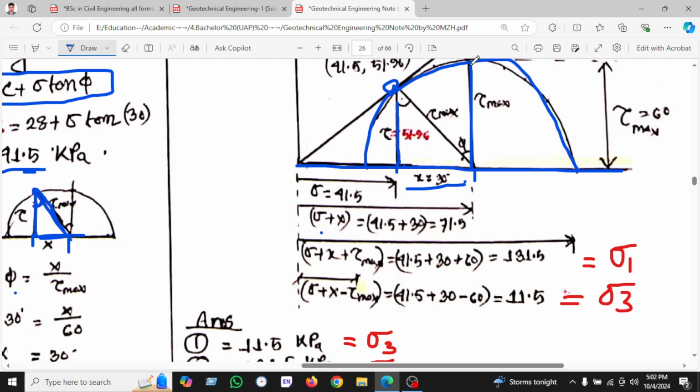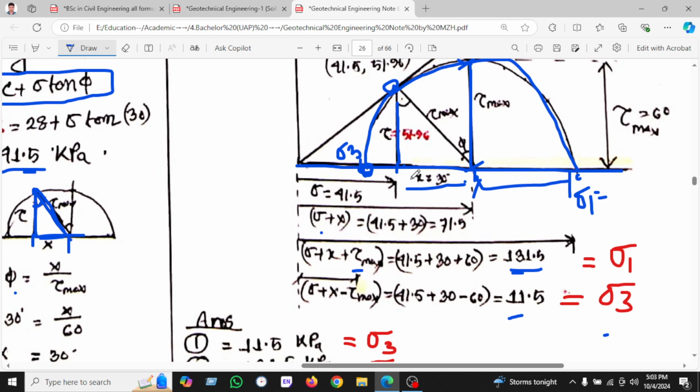This distance, the distance to τ, and this distance will be the same. That's why we have used this and found 113. So this point will be σ1, which is 113, and if we deduct the value of τ, then we will find σ3, 13. This portion is σ3. We know σ3. How will we get it?